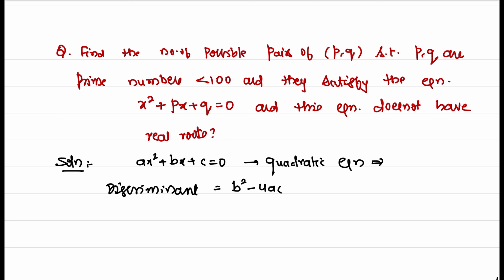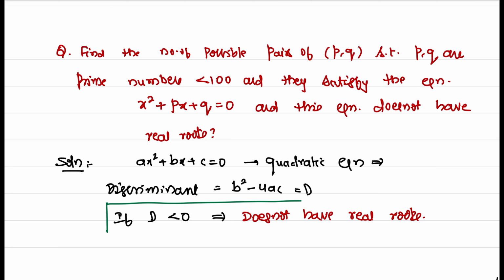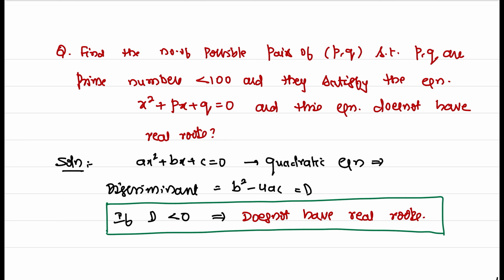If the discriminant is equal to D, and D is less than 0, it implies the equation does not have real roots. This is the concept from quadratic equations.